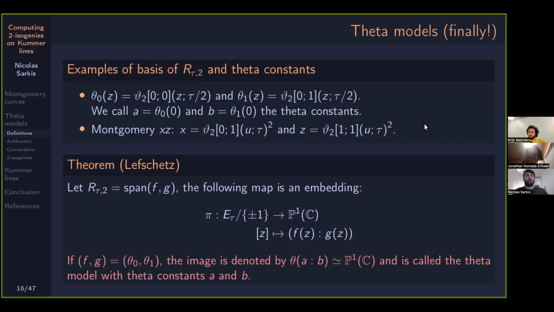That's why we want theta functions: they help you build bases of R tau, and with a basis of R tau, you get maps from the elliptic curve to the projective line. What we call the theta model is the special case of the basis theta 0, theta 1, which I denote theta AB, because you only need the theta constants to describe it fully.